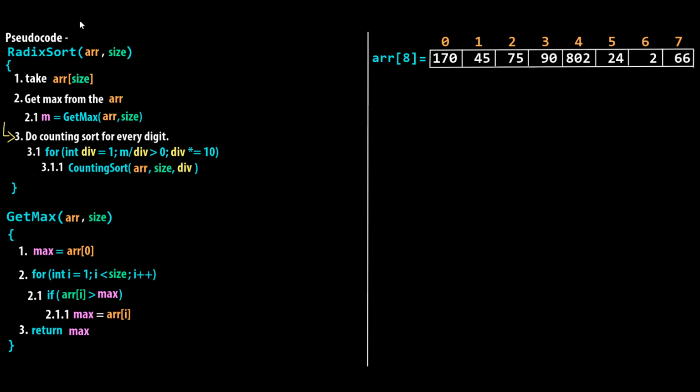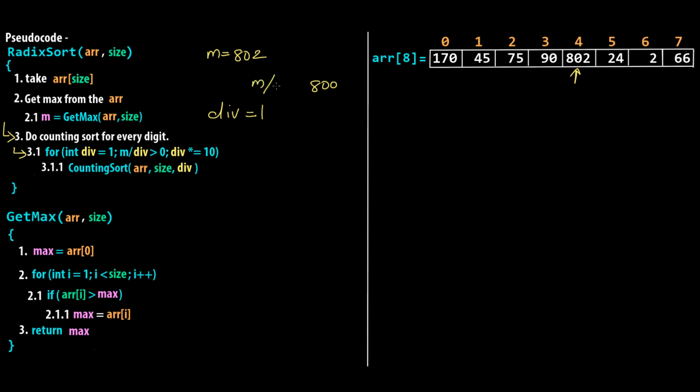Okay, so coming inside this for loop, we are saying int div equals 1. So initially div value is equal to 1. Then we are saying m divided by div has to be greater than 0. What is m here? The max value in the array, which is 802. So let me write it over here, 802.